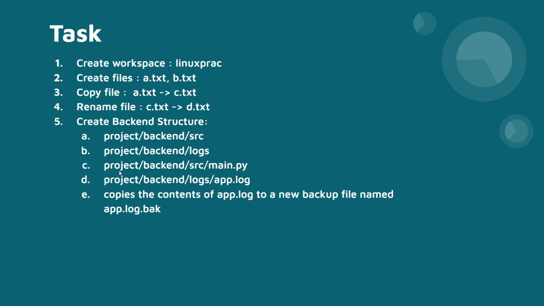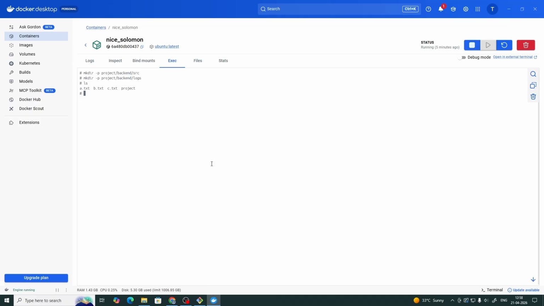Next, we need to create a file main.py under the src folder, and then app.log under the logs folder. So we'll do touch project/backend/src/main.py. So it has created the main.py under the src folder.